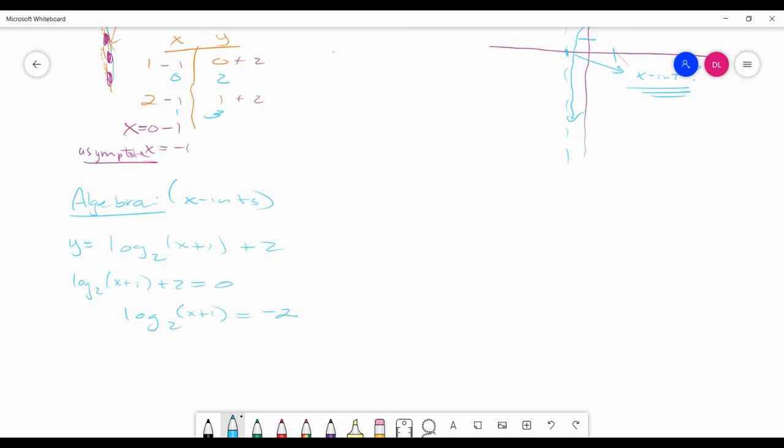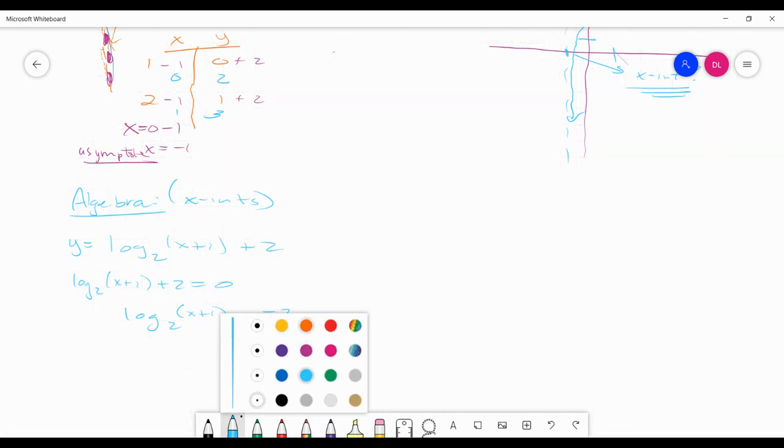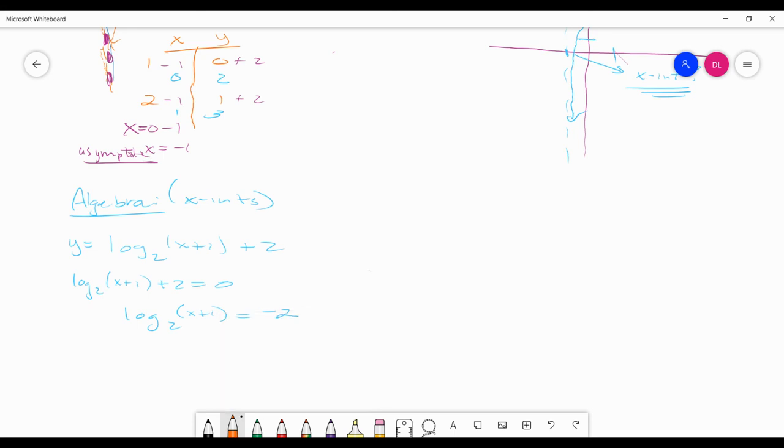Okay, so then we're sitting here looking at, well, I don't know how to do this. You have a log base 2. How do you get rid of that? Remember, when we got rid of this 2, we subtracted 2.